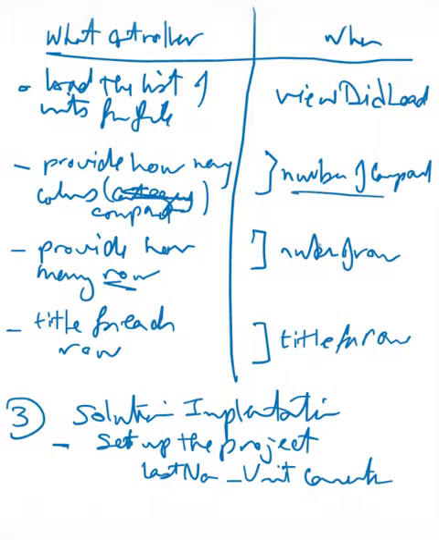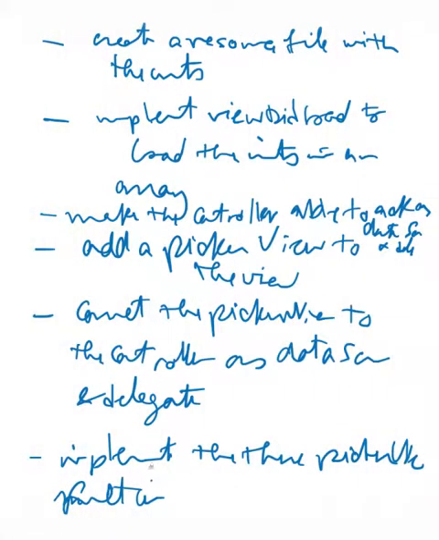By the three, I mean those three: the number of components, the number of rows, and the title for row. So implement all these, and then we should be able to see the picker view.